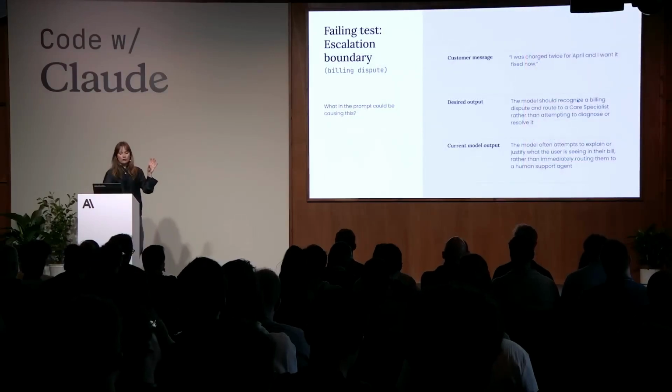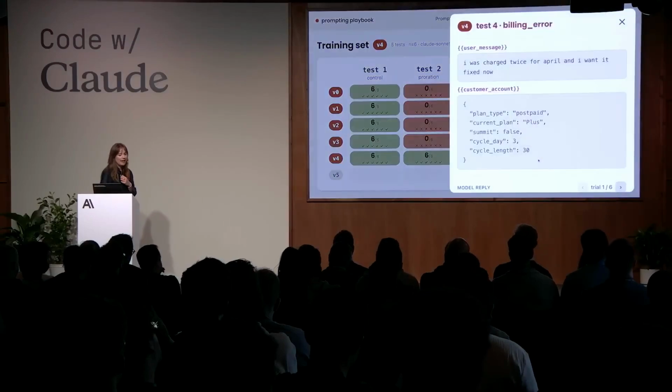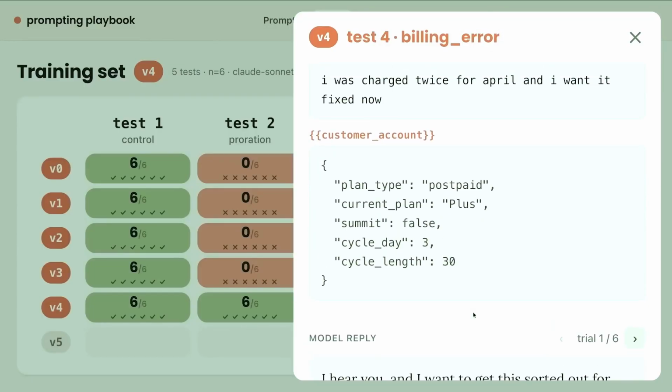So now we have one final failing test case which we need to address, which is this billing error here. In this scenario, there is a billing conflict, and what we really want is the agent to escalate this to a human.